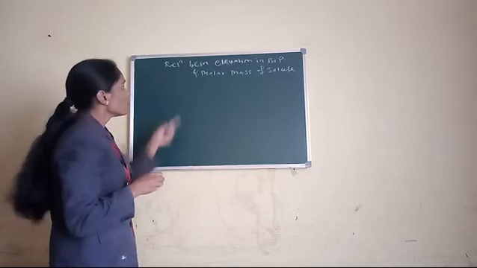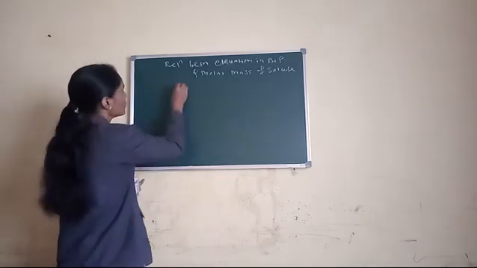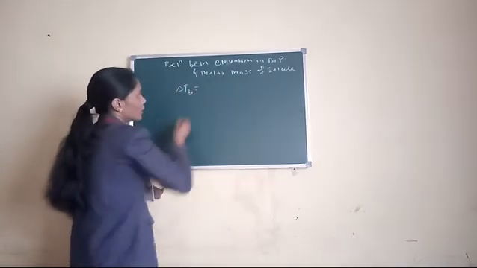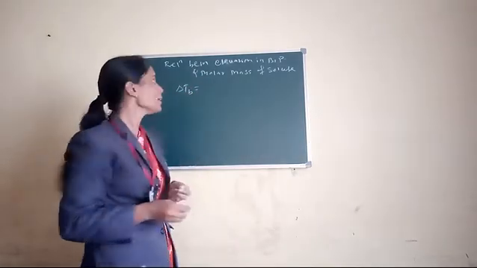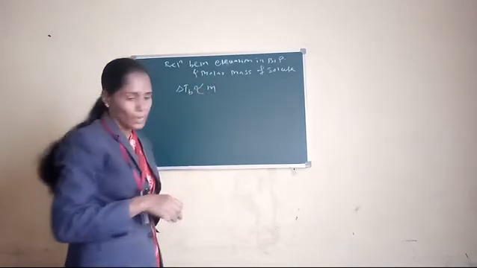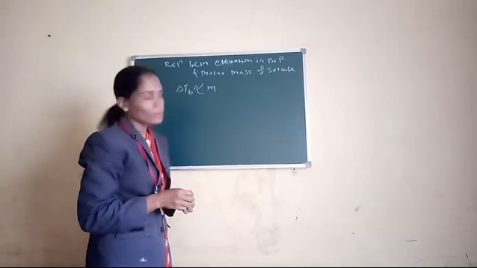Here delta TB depends on the moles of solute. Delta TB is directly proportional to m, where m means moles of solute per kg, or molality.